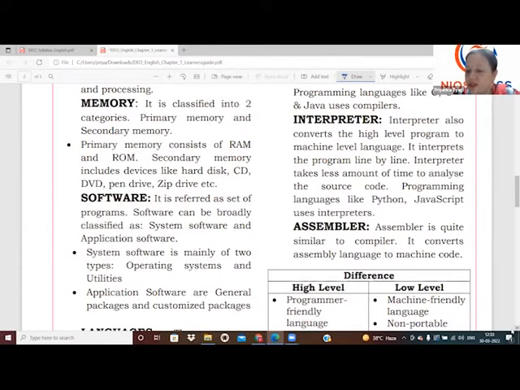Now, the very first software used inside the computer system is your system software. System software is mainly of two types. One is your operating system, second is your utility software. Now, first we will discuss what an operating system is. If I give you a one line definition of an operating system, I can say that as human beings, we are the users of the computer, and the computer in itself is a machine, right?